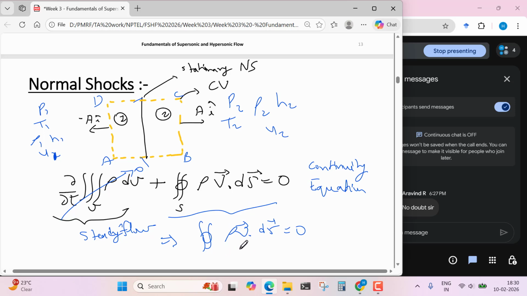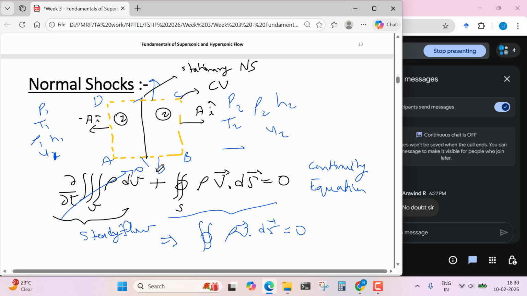So we have to find V dot dS for this control volume. Now we have 4 surfaces A, B, C, D. If the flow is happening in this direction, and if you see the normal of the AB surface, it is in this direction. The CD surface normal is in this direction.